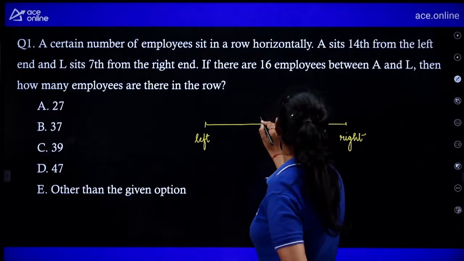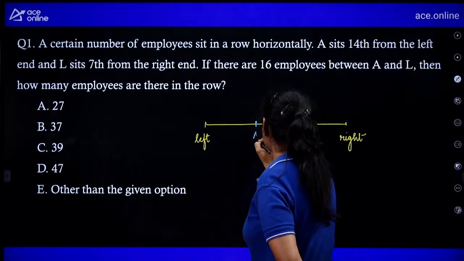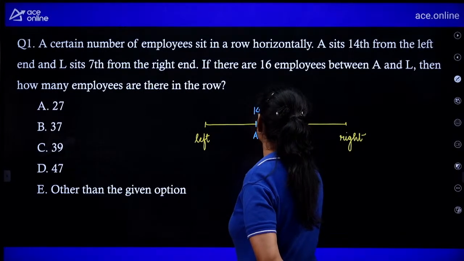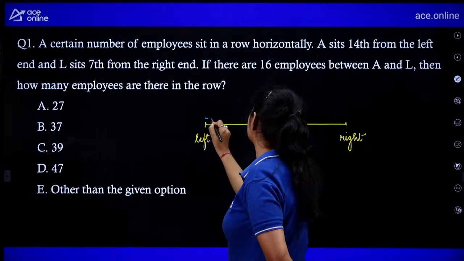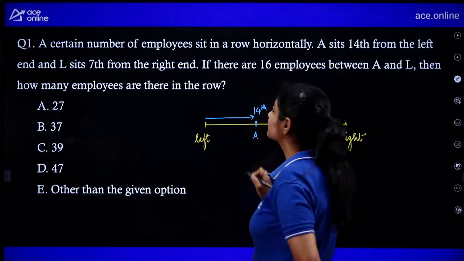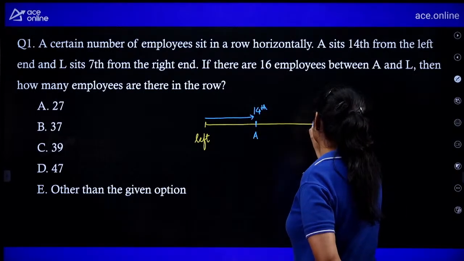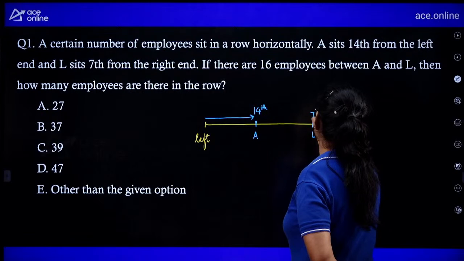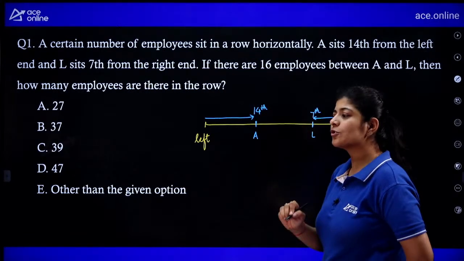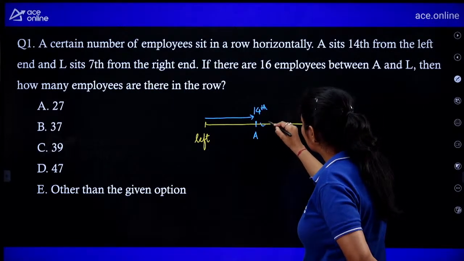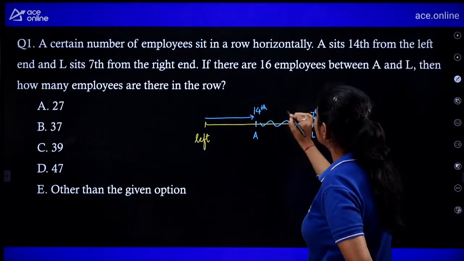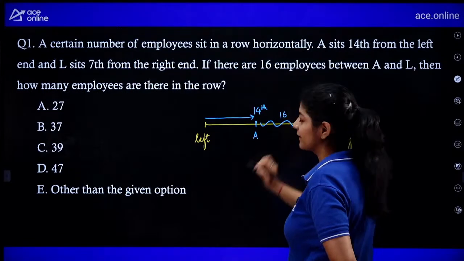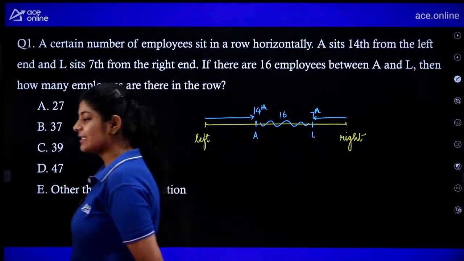Let's suppose A is sitting here and A is 14th from the left end. And L is 7th from the right end. Now the question is also saying, in between them, there are 16 employees sitting.